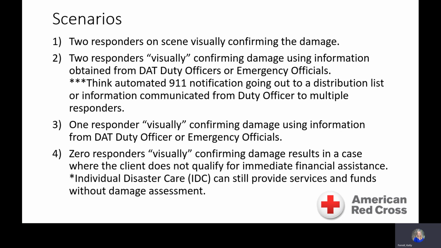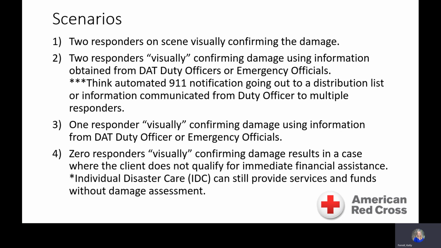It could also be a combination where one responder is on scene visually confirming the damage and the other received the information from the DAT duty officer or the emergency official. It could also be if you had a 911 notification system that went out to a distribution list in your DAT area, and multiple people received the same communication from the duty officer or the emergency official.